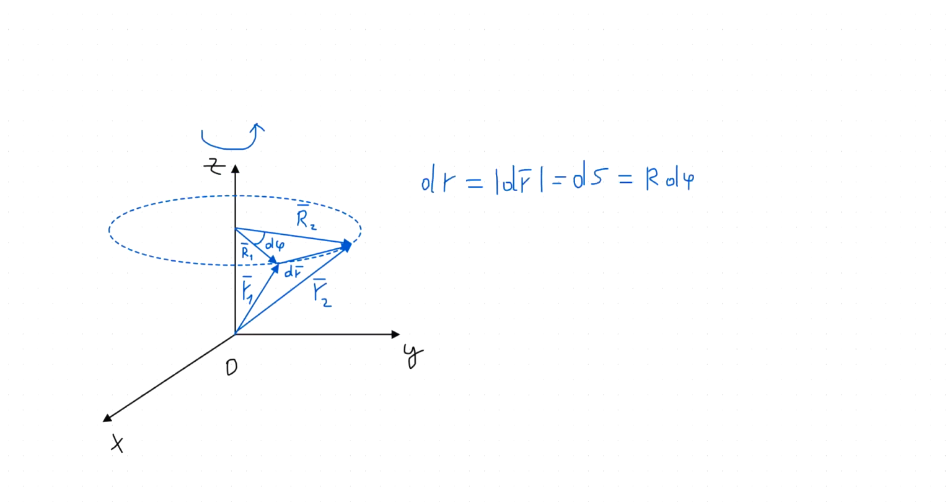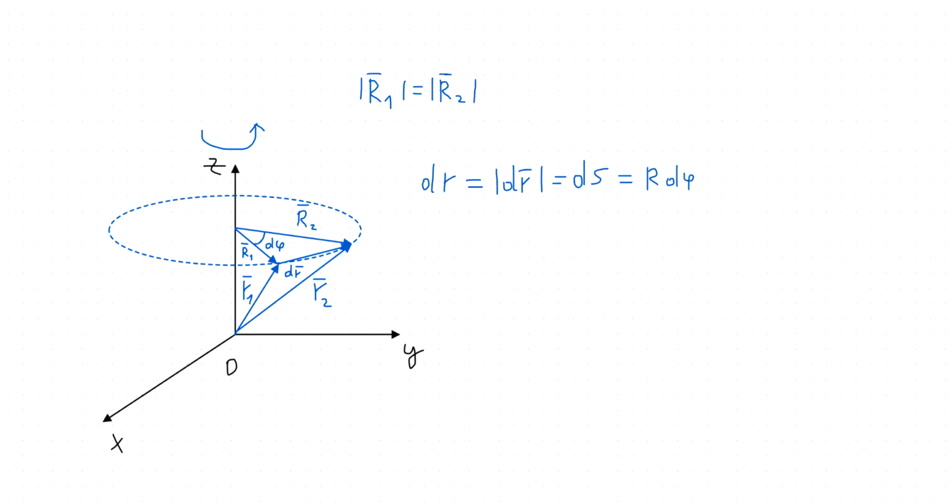What is R? R is the absolute value of R1 and R2. Of course, we can write that the absolute value of R1 is equal to the absolute value of R2, because the radius of this circle changes its direction, but doesn't change its absolute value.